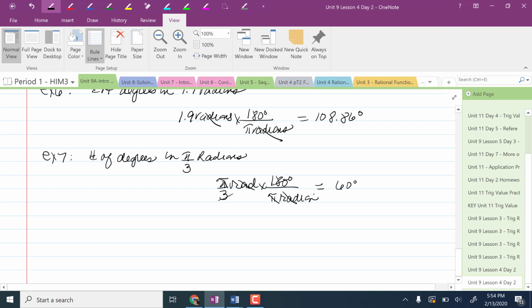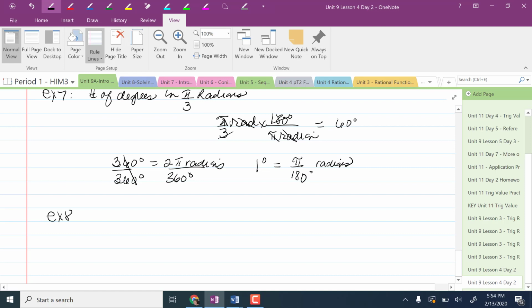And if we wanted to know what 1 degree was equivalent to, we would have 360 is equivalent to 2 pi radians. We would divide by 360 this time to have that 1 degree is equivalent to pi over 180 radians.